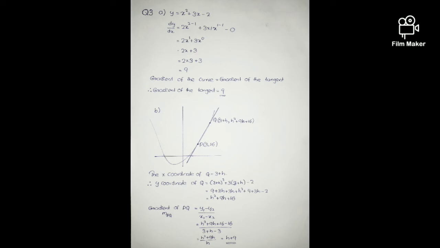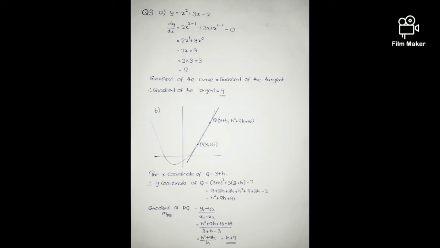Therefore, x1 and y1 become the coordinates of P, 3, 16. And the second point is Q, where they have given us the x coordinate, 3 plus h. But still, we don't know the y coordinate.